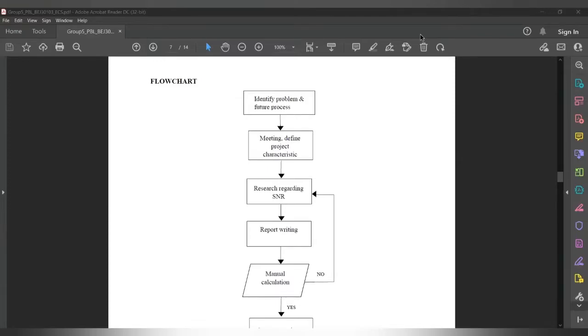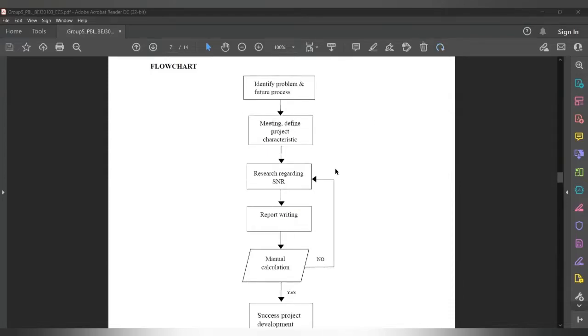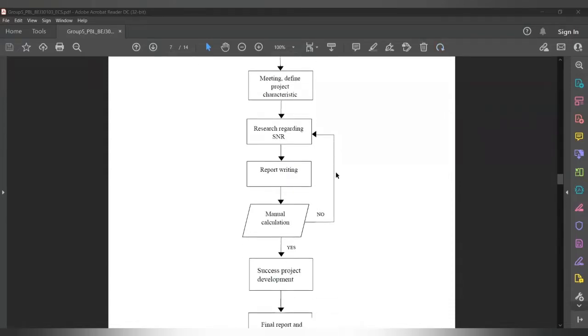Then we do the research regarding the SNR. While we are doing the research regarding SNR, we can start the report writing and manual calculation. The manual calculation we have to do based on the specification given in the question.